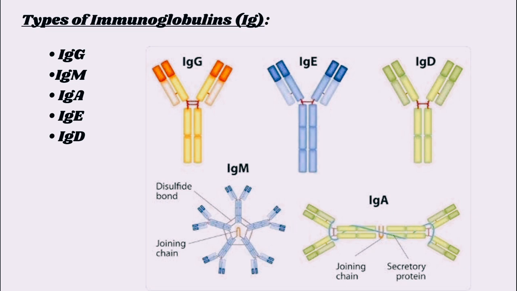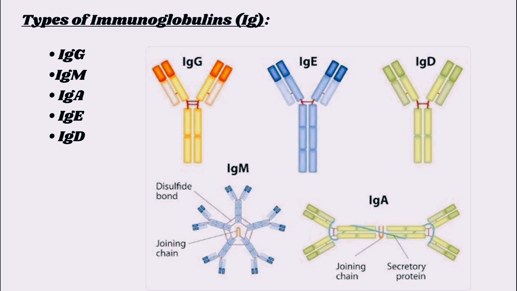So now let's come to the different types of immunoglobulin. They are basically classified into 5 types. The first one is IgG, second is IgM, third is IgA, fourth is IgE, and the fifth is IgD.